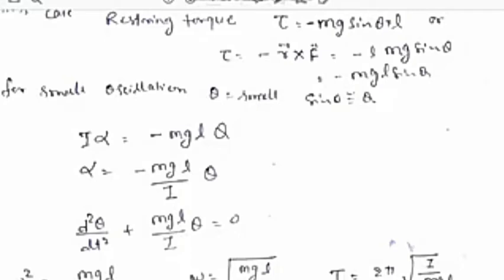Angular acceleration alpha is written in terms of d2 theta by dt square, and this is plus mgl upon I into theta. So it directly represents d2 theta by dt square plus omega square theta equal to 0. This is the simple equation of simple harmonic motion, d2x by dt square plus omega square x equal to 0.